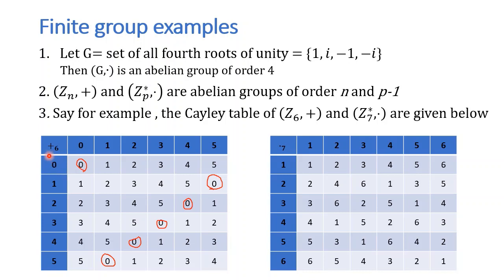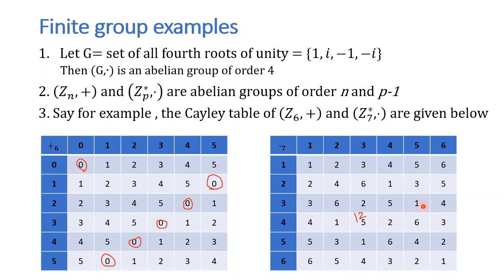So for example, I take 4 and 3. 4 into 3 is 12. 12 is equivalent to 5 under modulo 7. Similarly you can fill all the columns. 4 into 4 is 16. 16 is equivalent to 2 under modulo 7.